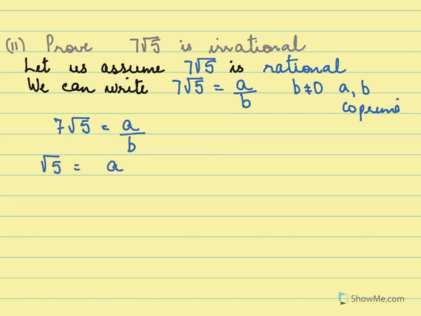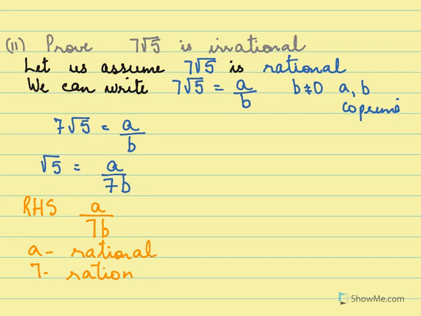we can just rearrange. So root 5 equal to a over 7b. Now look at the right hand side. The right hand side is a over 7b. a is a rational number. It is an integer. It's rational. 7 we know is definitely rational.